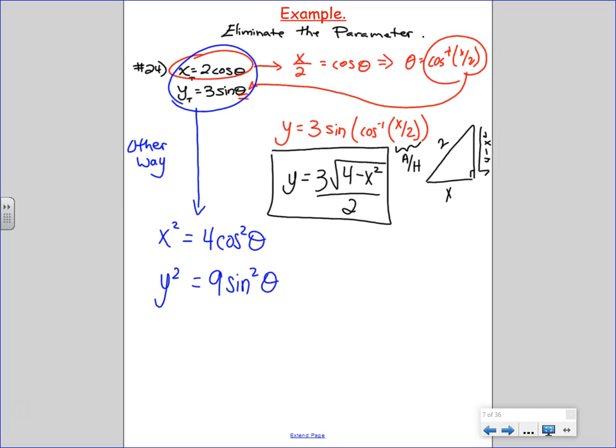But what if I was to just have cosine squared and just have sine squared equal 1? And then I was to say, hey, let's do some elimination.